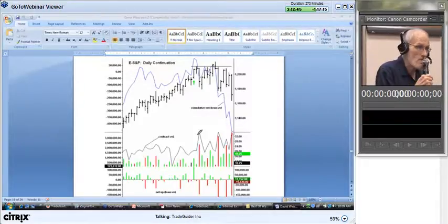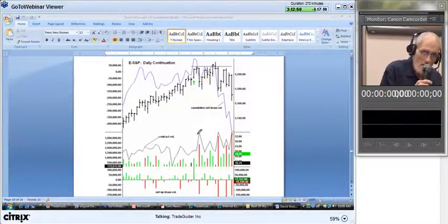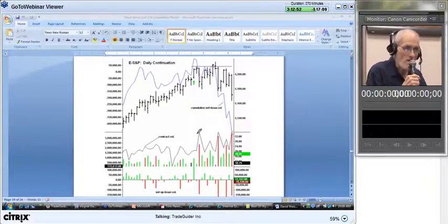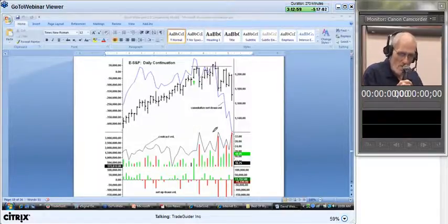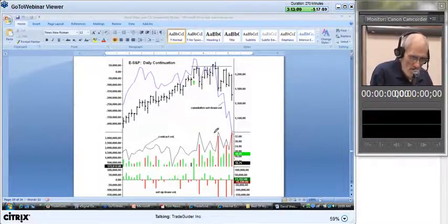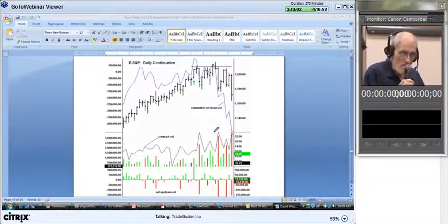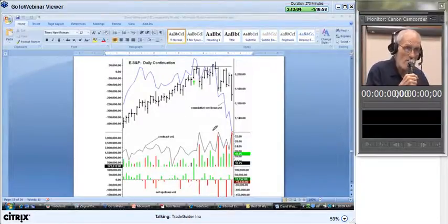I like to call this distribution. This doesn't look like the classic pattern of distribution as defined by the Stock Market Institute, but with all of that selling and all of that ease of movement, heavy volume, I think it's quite clear that somebody has been distributing stock in a big way.